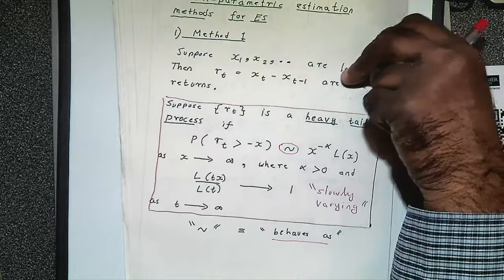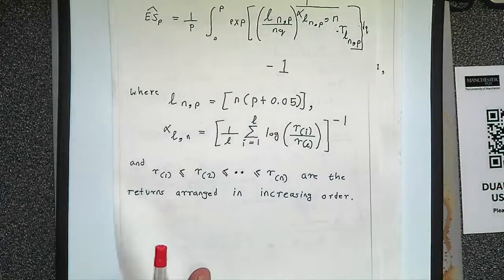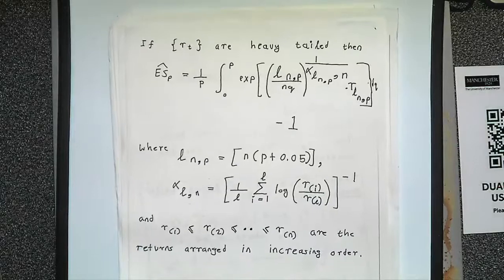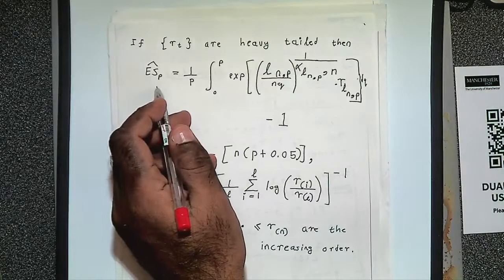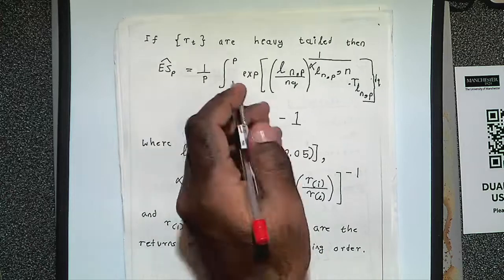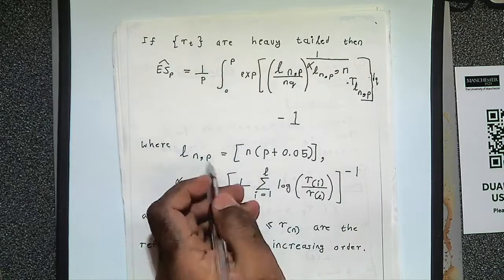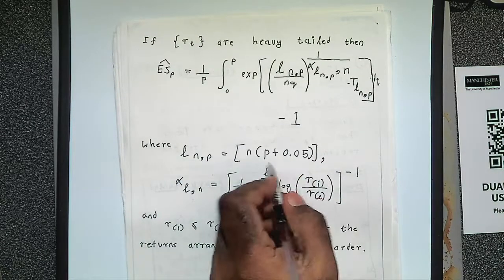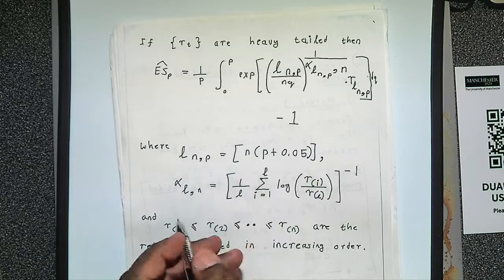Go to the next page. So if RT is heavy tailed, then the estimator for expected shortfall is given by this complicated form. Again, my apologies. L and P is the integer part of this, N times P plus 0.05.